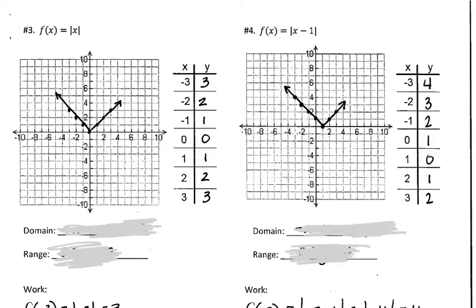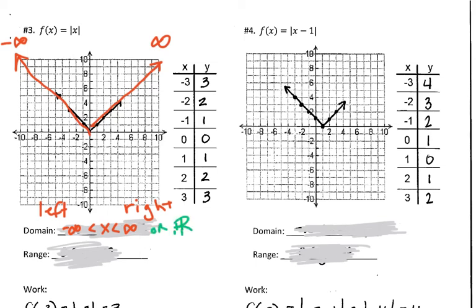Alright, continuing on. These ones are kind of the same as our previous, but again, taking in how far left and how far right we go. Our x's are to the left, negative infinity, to the right, infinity. Or, of course, we could do our little symbol of all real numbers. It's just hard to do.